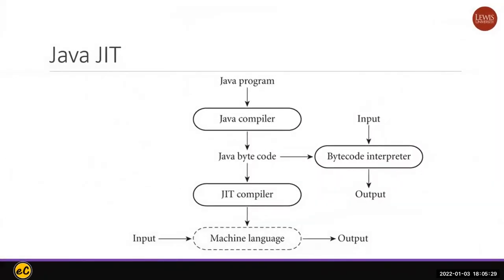This is the so-called Java just-in-time compiler. Your Java program is compiled to bytecode, and then you can send the bytecode for different people to use. Sometimes we see the jar file, the Java archive file.